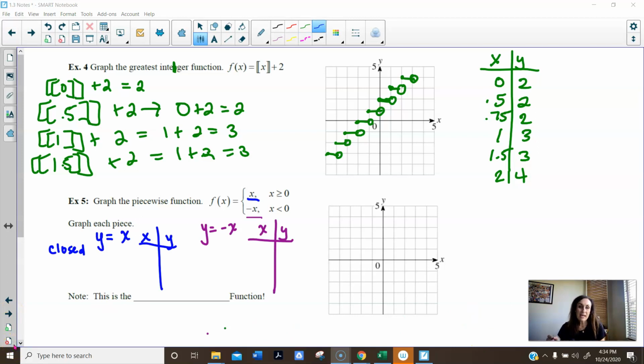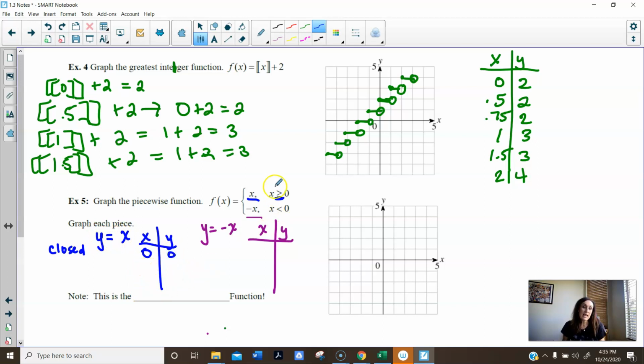Example number 5 is a piecewise function, and we're going to graph each piece using a table. So the first piece is f of x, or y, is equal to x, for x greater than or equal to 0. So you start with 0, and 0 is going to be closed on that point because of the equal to. If I plug in 0 for x, I get 0 for y.